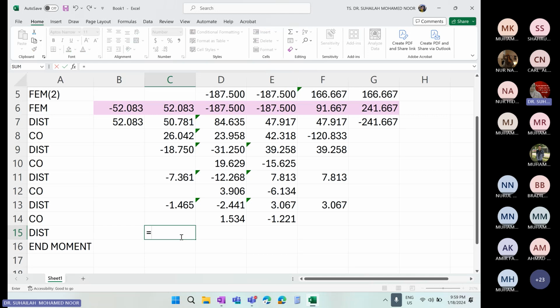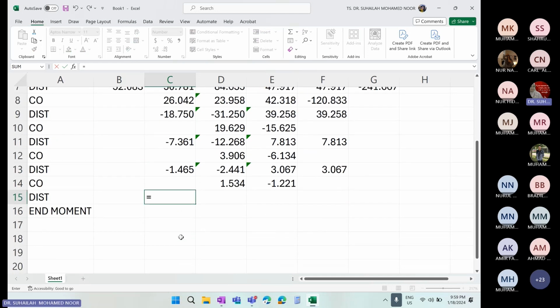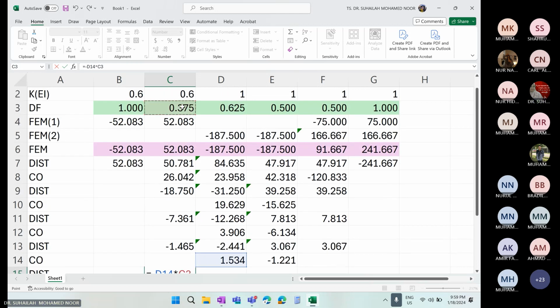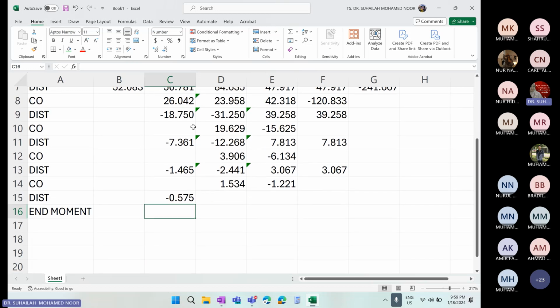Okay, joint B, negative. This one is joint moment times the distribution factor.